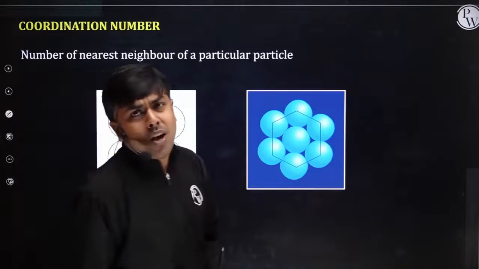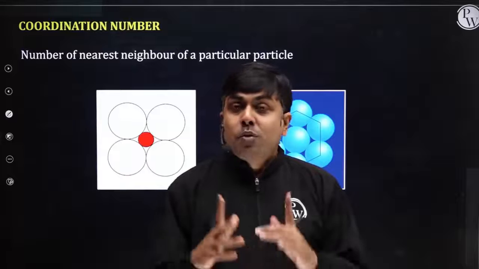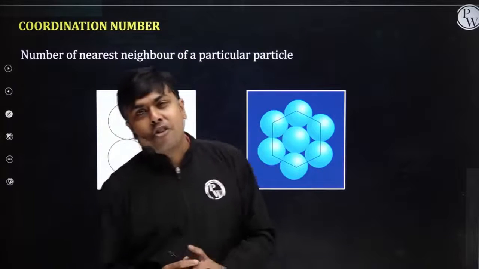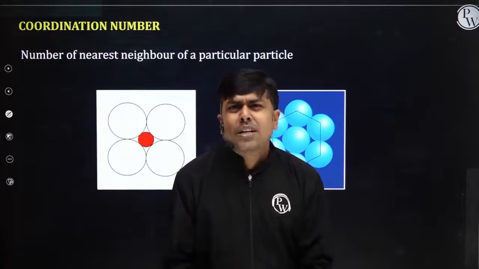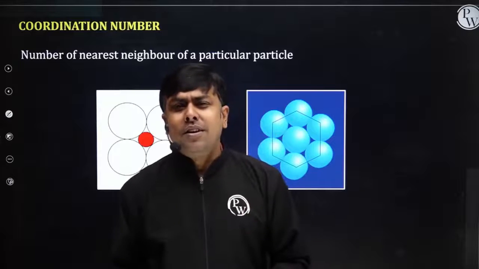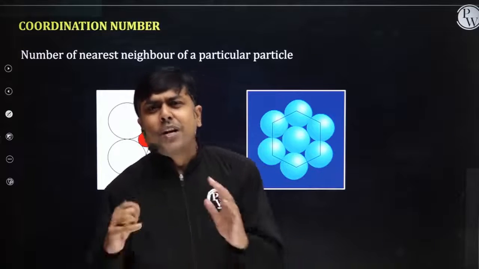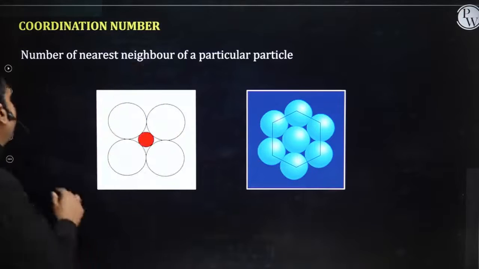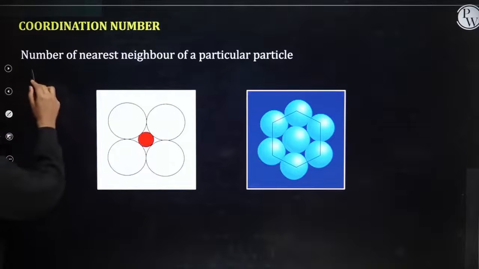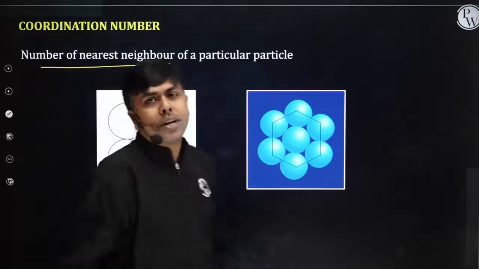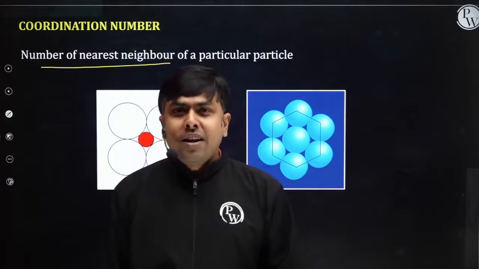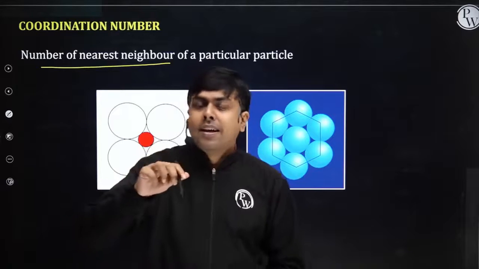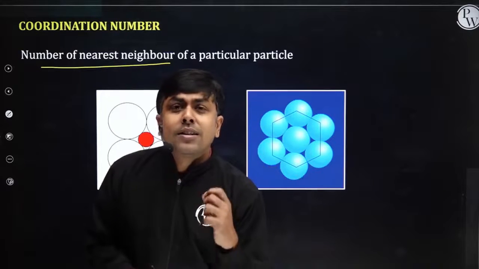Students, now we have one more important term which we have to understand, and that's there on your screen. It's nothing but coordination number. How do we define it? It can be simply defined as the number of nearest neighbors of a particular atom, right? The number of particles surrounding a test particle.